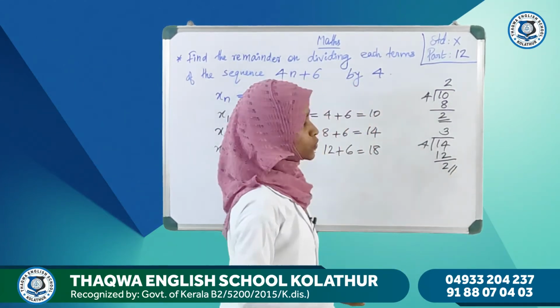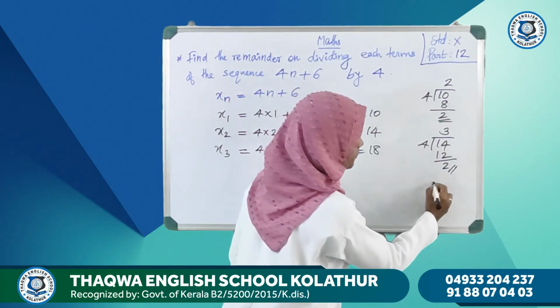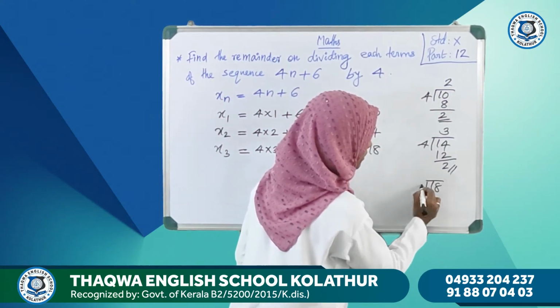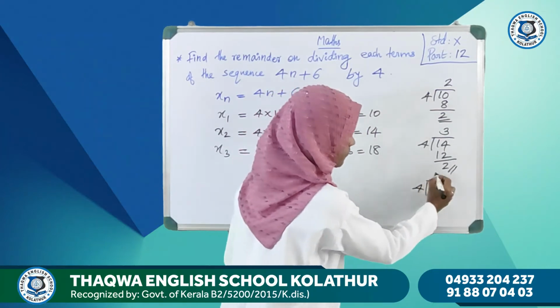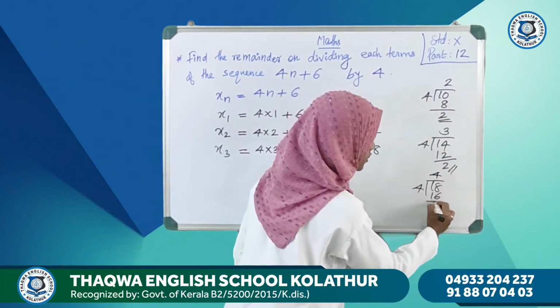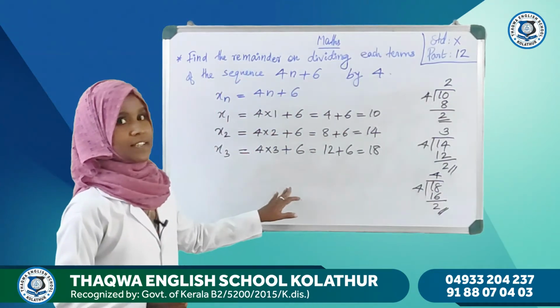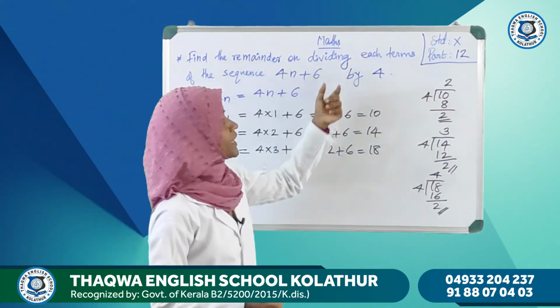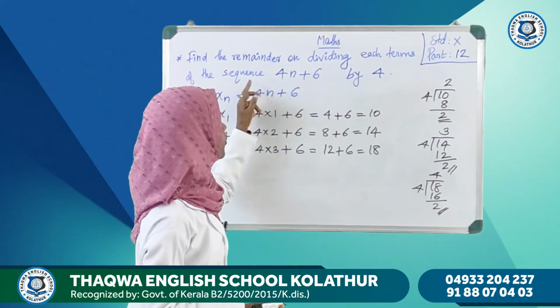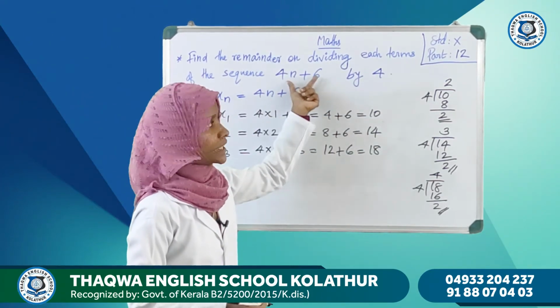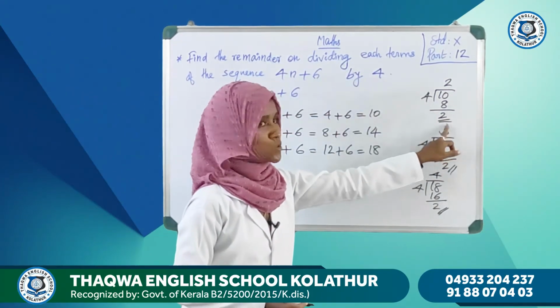Remainder is 2. The next, third number, 18. 18 by 4. 4 times 4 is 16. The remainder is 2. So we can say that the remainder on dividing each term of the sequence 4n plus 6 by 4 is 2.